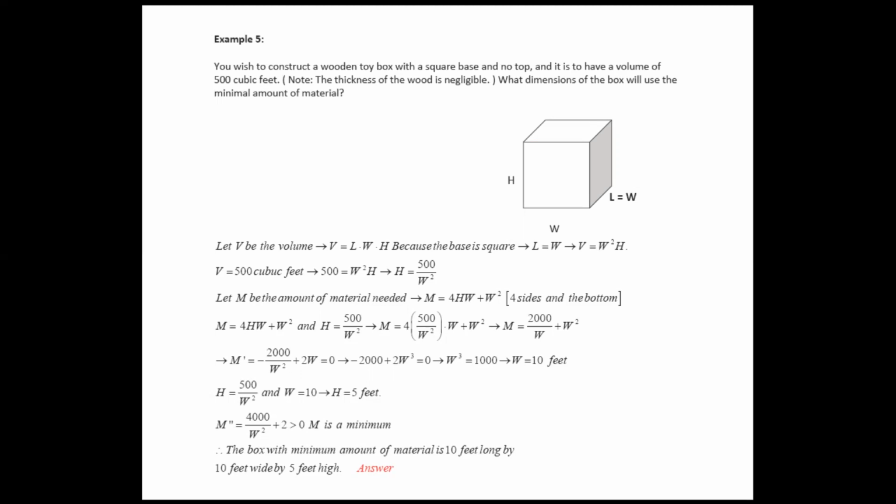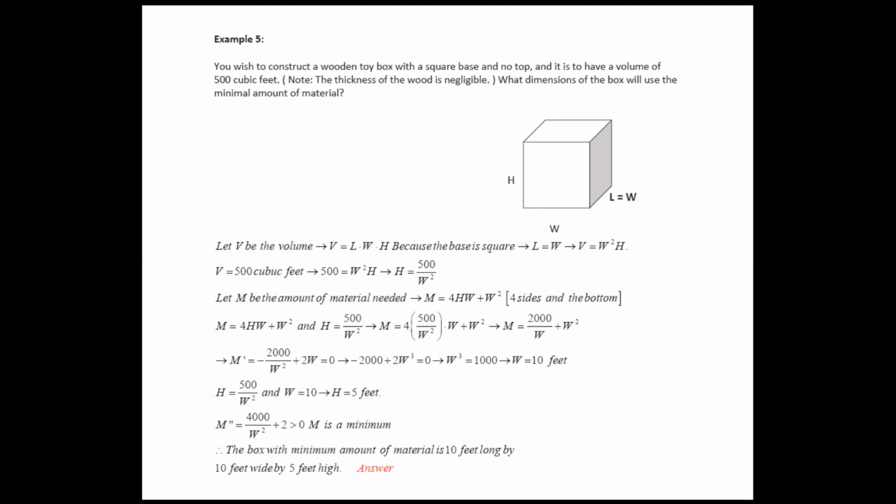Wood has thickness, but we're discounting the thickness of the wood. We're assuming that it's a very thin type of wood, and we're not going to get involved with the thickness of the wood because it will detract from the problem, especially at this entry level. So we make that note for you.